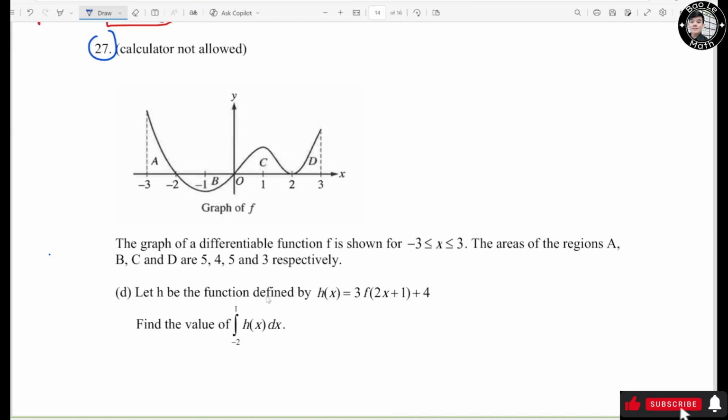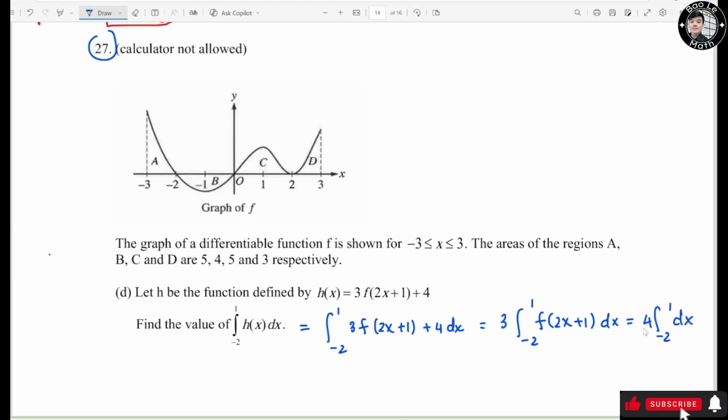Basically this is the same thing as the integral from negative 2 to 1 of 3 f of 2s plus 1 plus 4 ds. So it's going to be 3 times the integral from negative 2 to 1 of f of 2s plus 1 ds, plus 4 times the integral from negative 2 to 1 of ds.